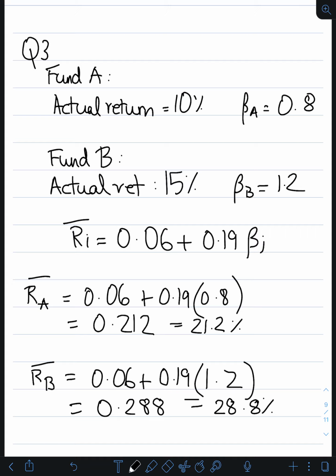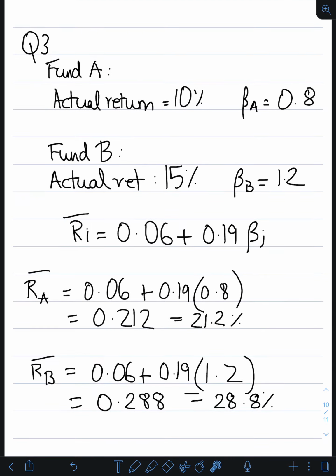Okay, again, we can see we should have gotten at least 28.8%, but we're only getting 15%. So both our actual returns are less than our expected returns, or what we should be getting using the model. So both these funds have actually performed bad.